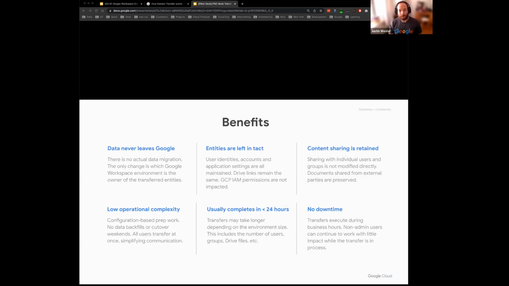For example, without data leaving Google, we are only effectively changing ownership of those particular entities. That cuts out all of the backfill type of work that you might have to do, all the time complexity that comes with that. And the biggest one that we find, well, this is one of two that we find the biggest win, is that the entities are left intact.